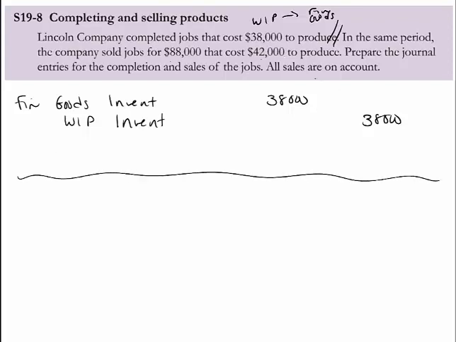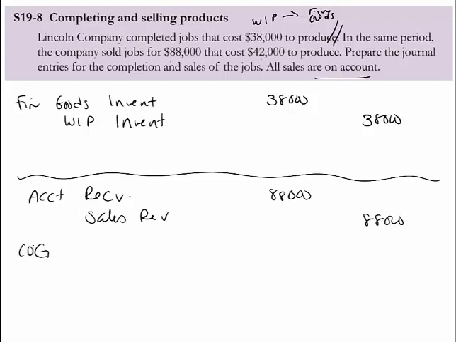As long as all sales are on account, we'll debit accounts receivable, credit sales revenue for the amount we sold it for, which is the $88,000. And then we will debit cost of goods sold, credit finished goods inventory for what it cost us to produce it, which is the $42,000. And so that's all there is to that one.